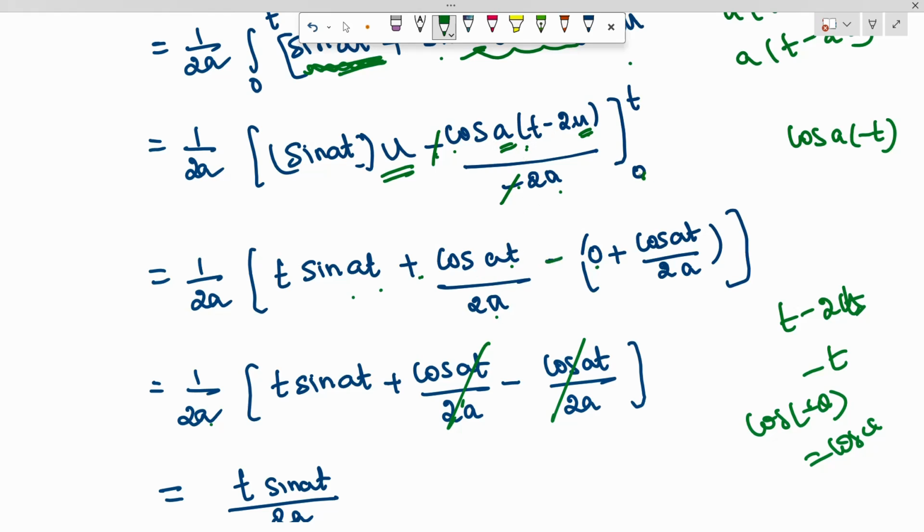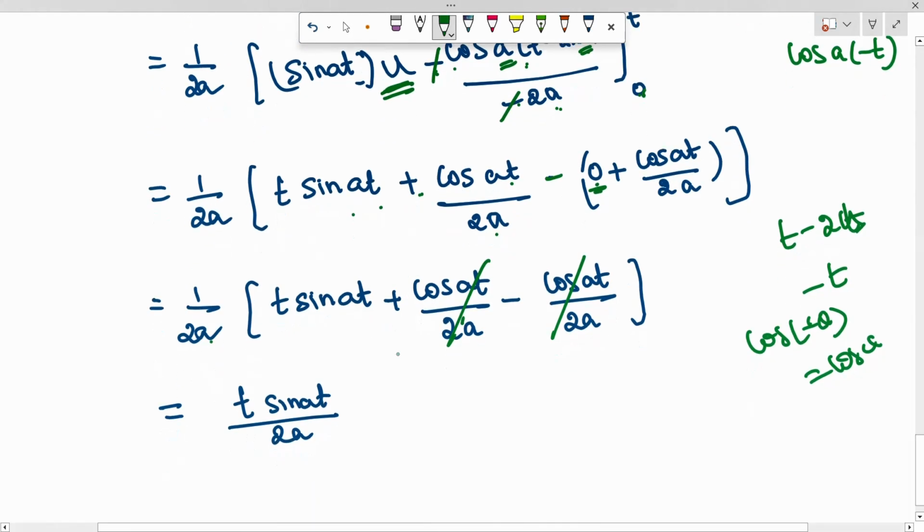And then apply lower limit value 0 here. Substitute u is equal to 0. The first term becomes 0. The second term also, substituting u is equal to 0, we will get cos at divided by 2a. This negative sign is common for both. In the next term, 1 by 2a t into sin at plus cos at by 2a minus cos at by 2a.